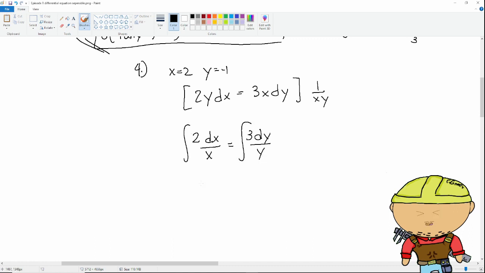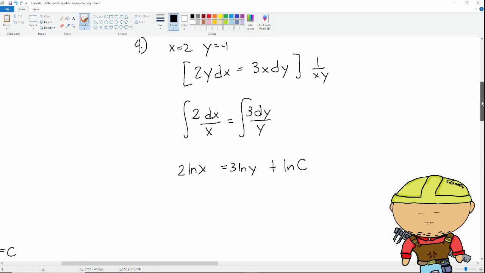Integrating both terms, we will now have 2 ln x is equal to 3 ln y. Since both terms are in natural logarithmic function, we will now put the c, or the arbitrary constant, in ln. Okay?